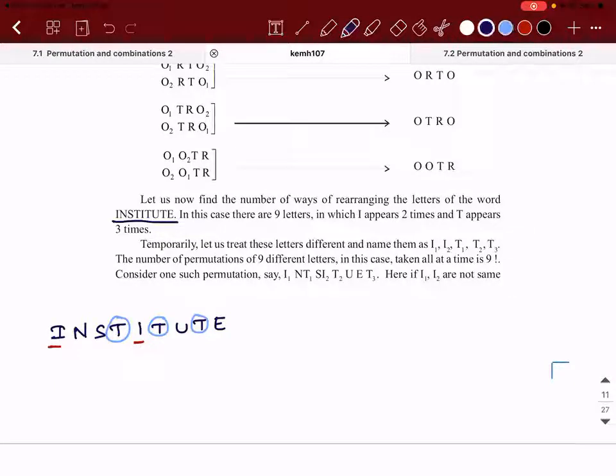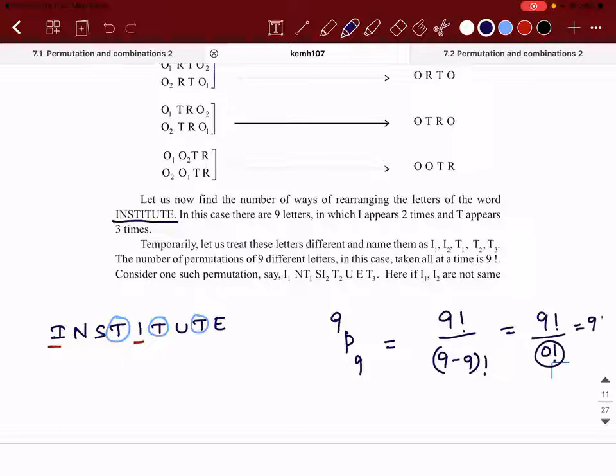So how many letters do you have in your hand? 9 letters. Remember, 9 letters can be arranged among themselves in 9P9 ways. What is 9P9? 9 factorial by (9 minus 9) factorial. So it is 9 factorial divided by 0 factorial, but 0 factorial being 1, it is 9 factorial. So whether you say 9 factorial or 9P9, they both mean the same.